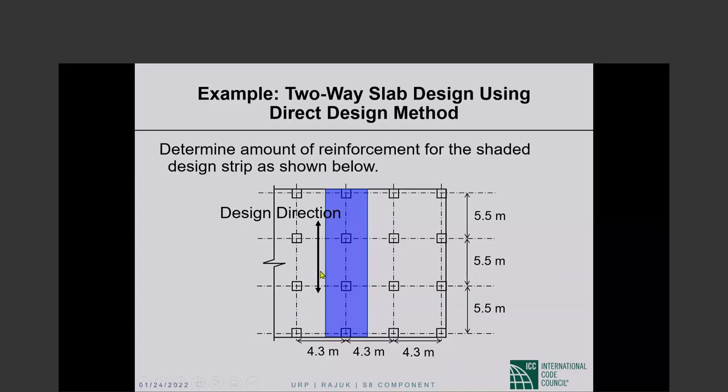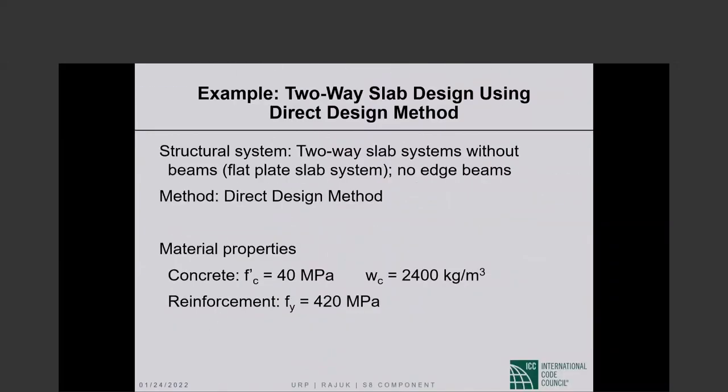We will design the blue slab strip running in the up and down direction, which is the direction of analysis. Okay, so the strip that is in blue is what we will design, centered on an interior column line.